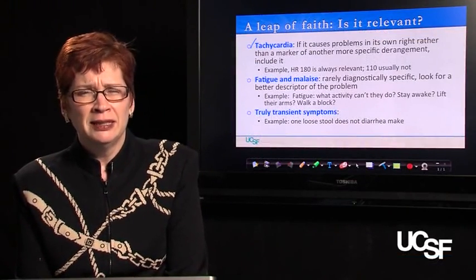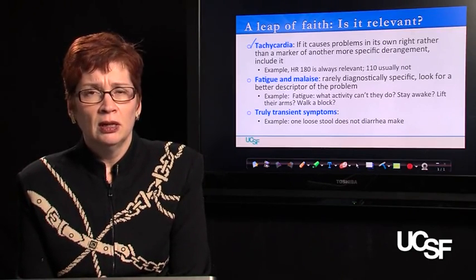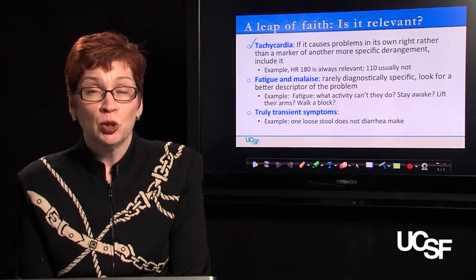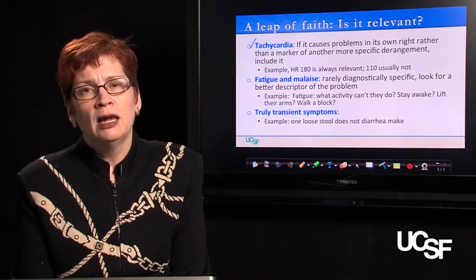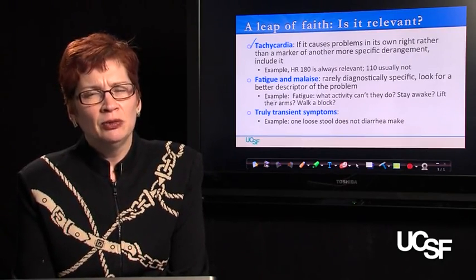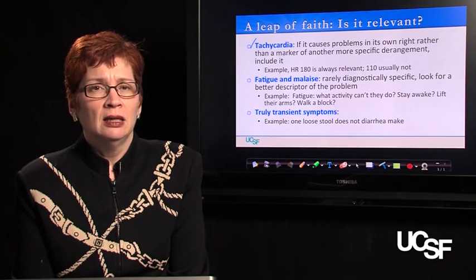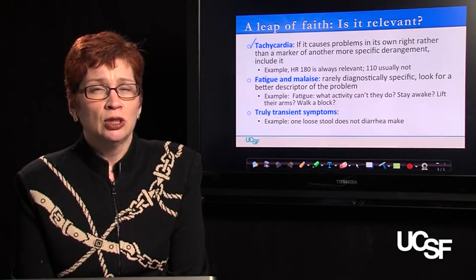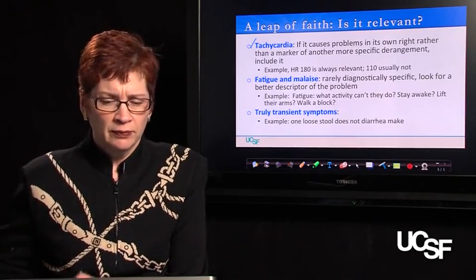On the other hand, 110 or 112, particularly if associated with another symptom that's much more dramatic, like severe pain or high fever, would generally not merit inclusion. And as we talked about earlier, our goal is to get rid of all but the most precise elements in the patient's presentation so we can really attend to them with our full working memory.